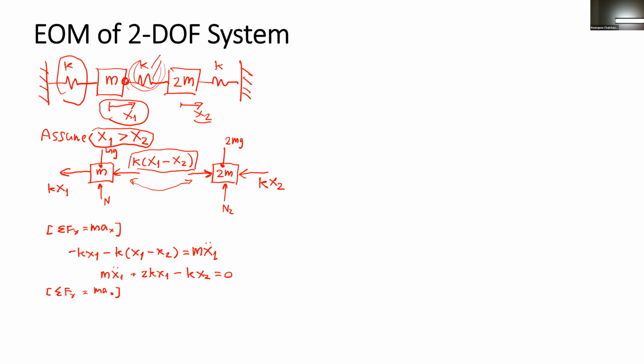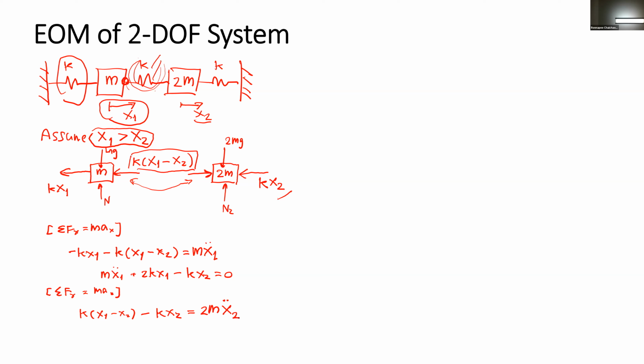The force to the right hand side is k(x1 minus x2), and the force to the left hand side is minus k x2, equal to the mass 2m multiplied by the acceleration of x2.